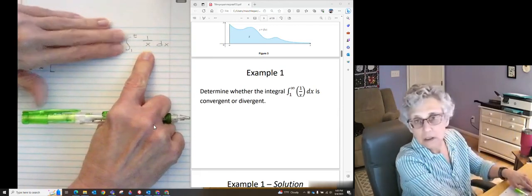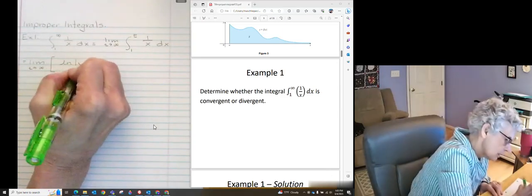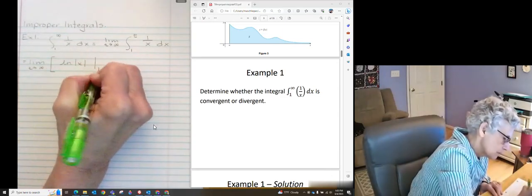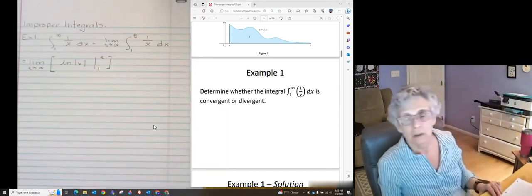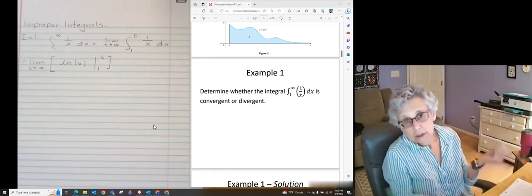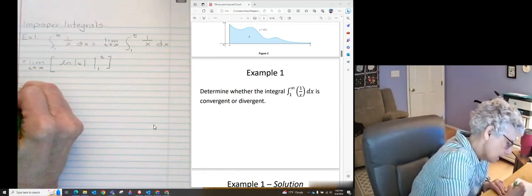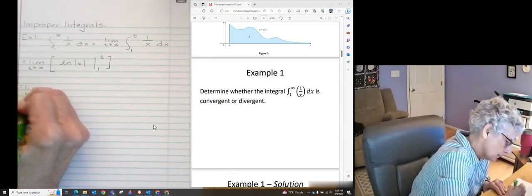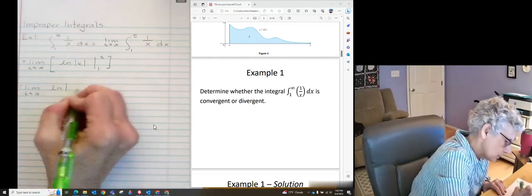We do the integral of 1 over x dx. That's the natural log of the absolute value of x from 1 to t. It's a definite integral. We plug in our top minus our bottom. Limit as t approaches infinity, natural log of t.